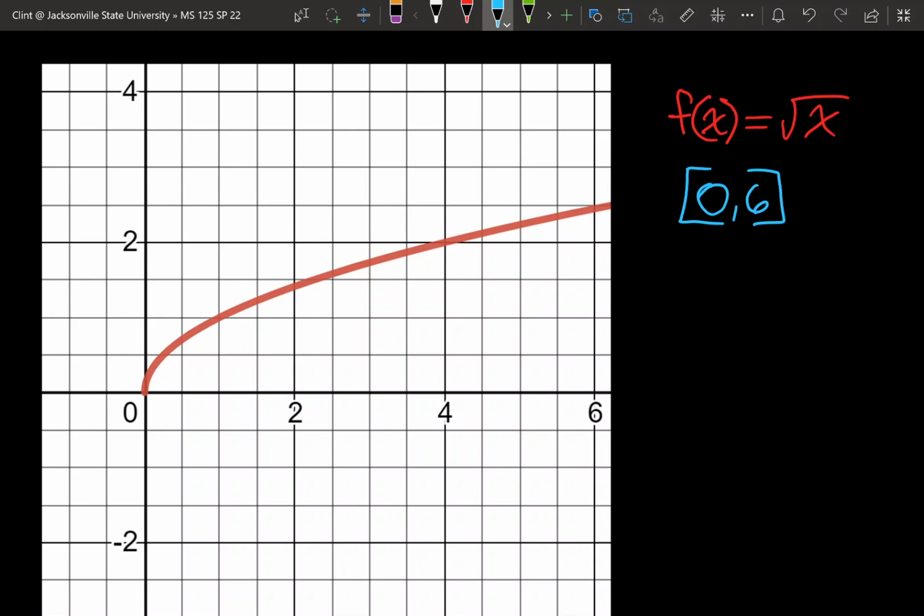What that means is we're looking for the area starting here, going to here. We want the area under the curve, so all this area in here.